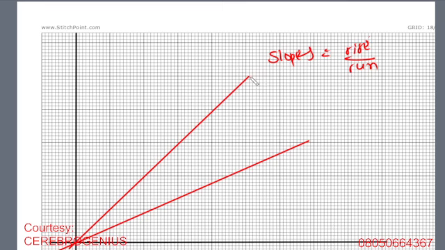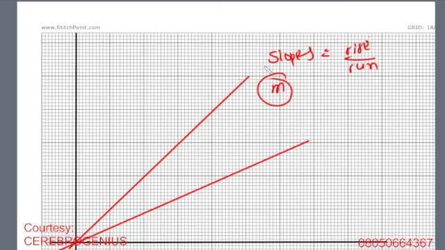If you look at this, it covers more height than it covers horizontally, but this one covers less height than it covers horizontally. So that means that our first line is more sloped than the second line, and we usually represent slope with m. Okay, so that's for slope.